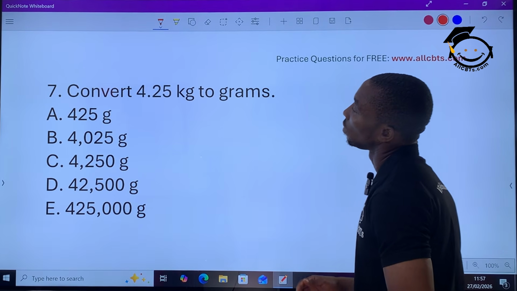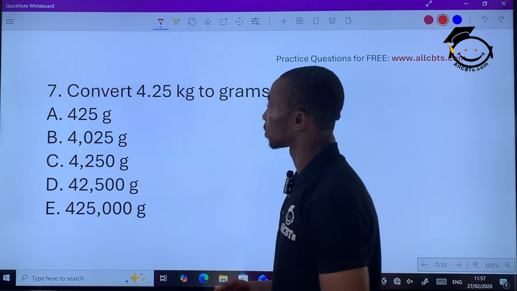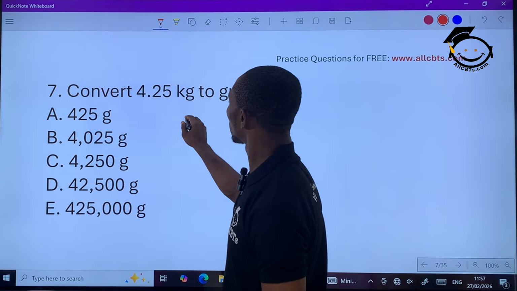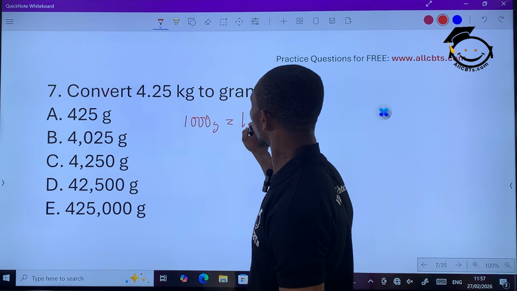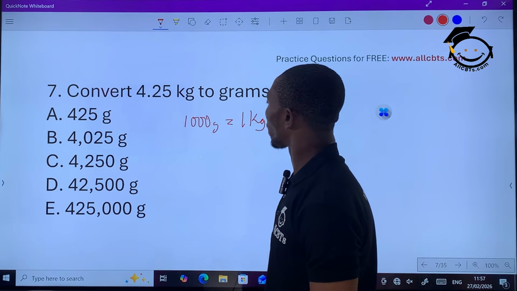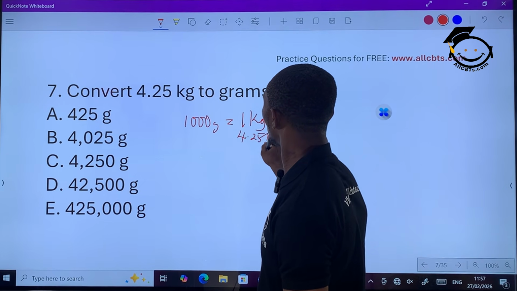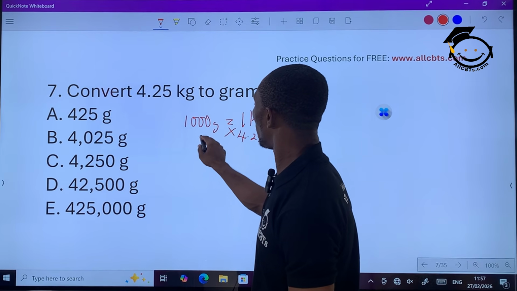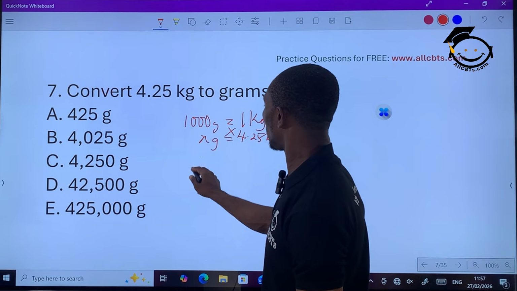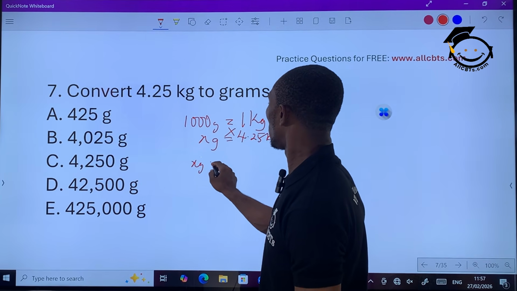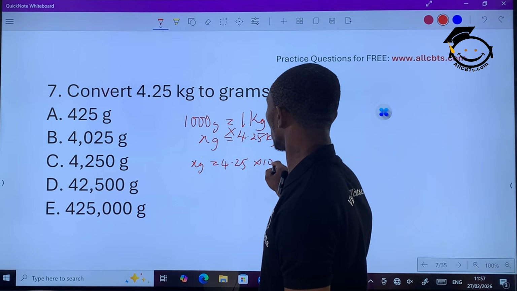Convert 4.25 kg to grams. We know that 1,000 grams equals 1 kilogram. So for 4.25 kilograms, that would be x grams. Cross multiplying, this gives us x grams equals 4.25 times 1,000.